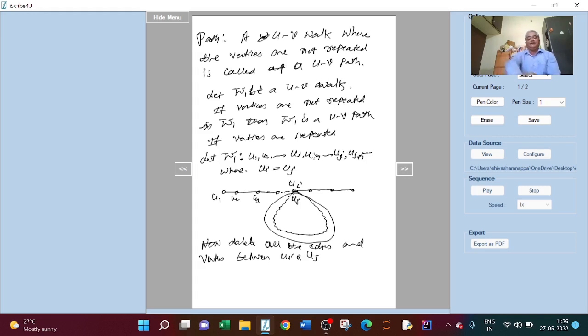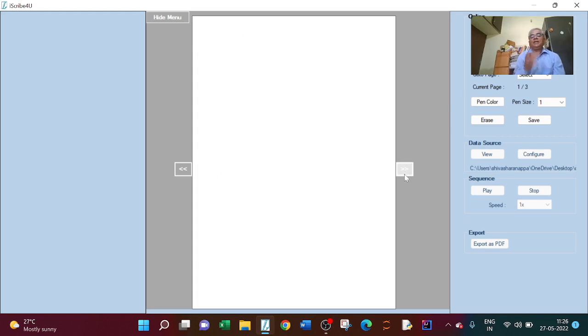Then the resulting walk is W2: U1, U2, ..., UI, which is the same as UJ, and then UJ plus 1, UJ plus 2 and so on.